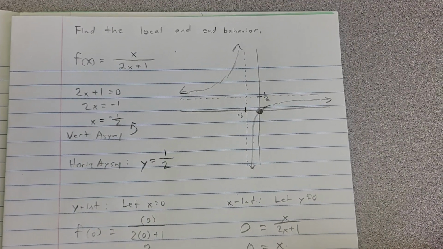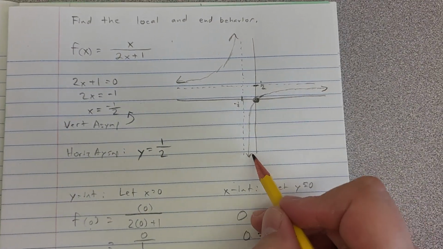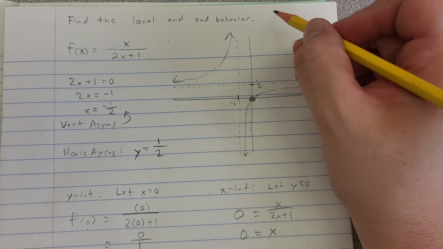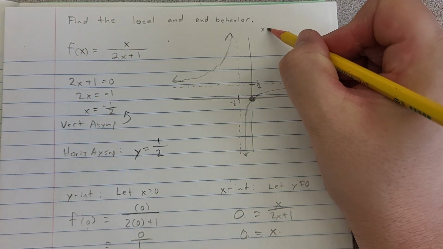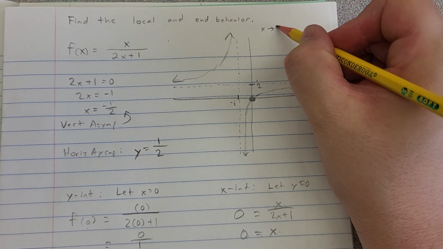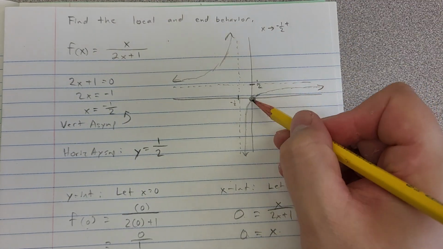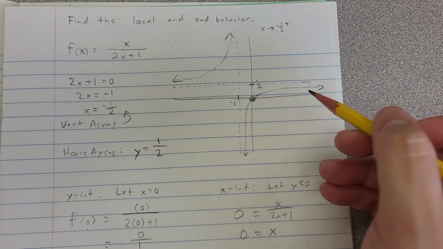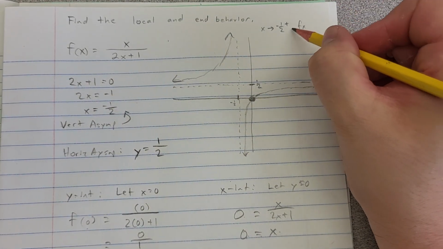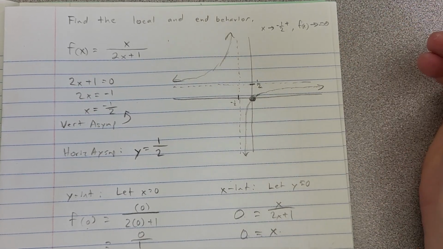From the graph, I can see the end behavior. These are my end behaviors, so I can write it out like this. As x approaches negative 1/2 from the positive side, in other words, as it approaches this number from this side, f of x is approaching negative infinity.